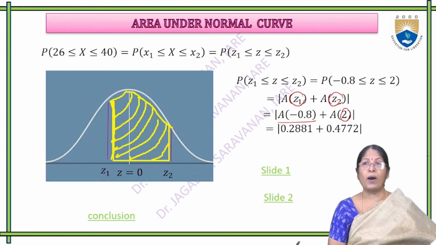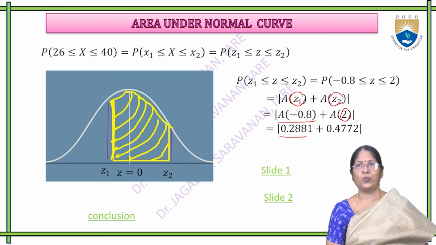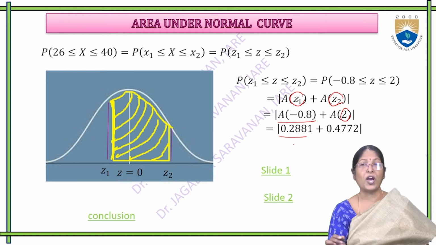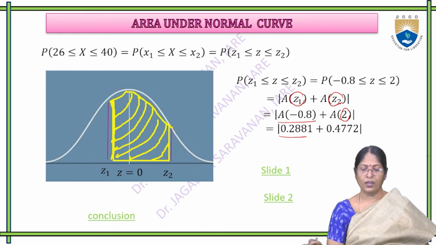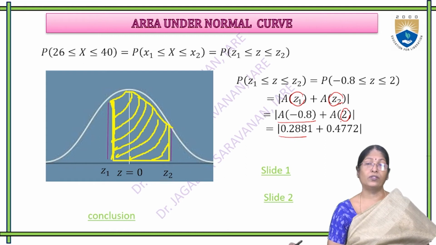Now, area of minus 0.8 we have written as 0.2881. This is how we obtained it, using the normal distribution table. We found this value 0.2881, whereas the area of 2 is 0.4772.